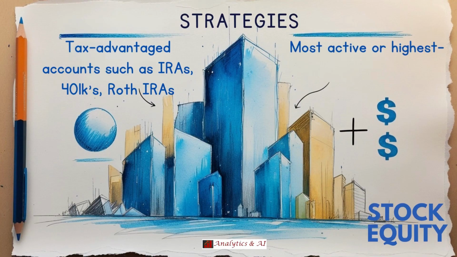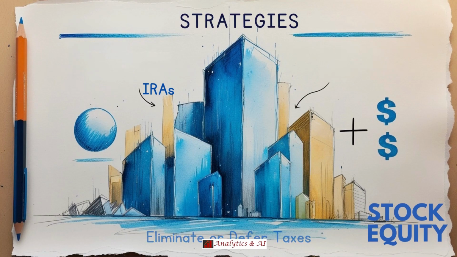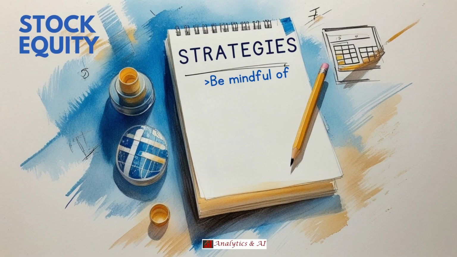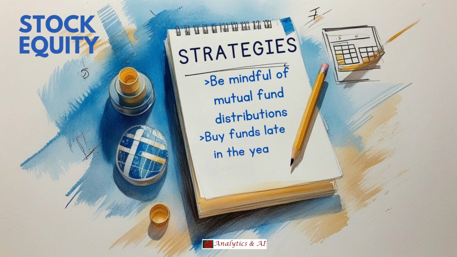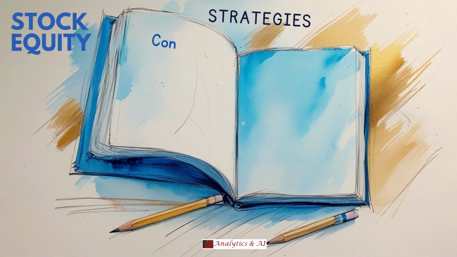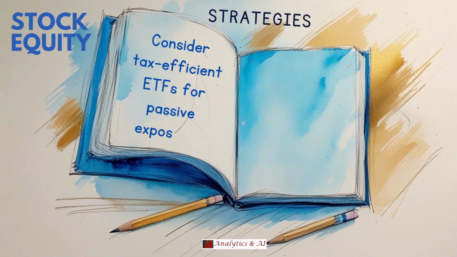Putting the most active or highest growth stocks inside Roth IRAs or 401(k)s can eliminate or defer taxes entirely. Be mindful of mutual fund distributions. Avoid buying funds late in the year, because buying right before a big distribution means you'll owe tax on gains. Consider tax-efficient ETFs for passive exposure to reduce realized fund distributions.